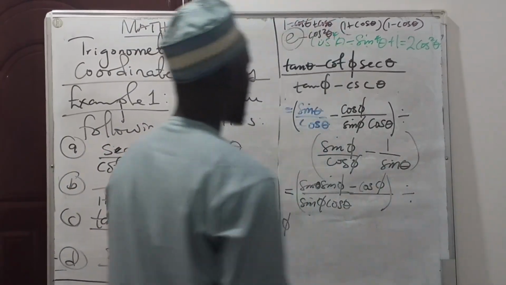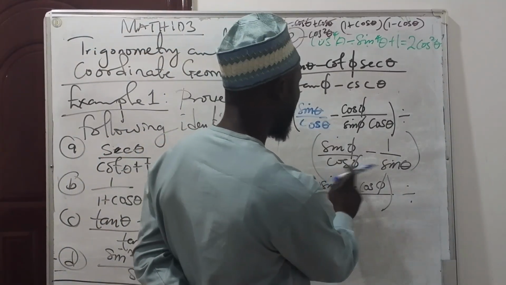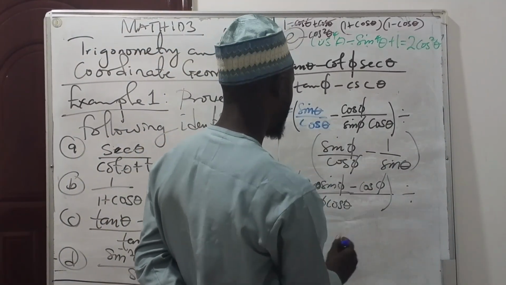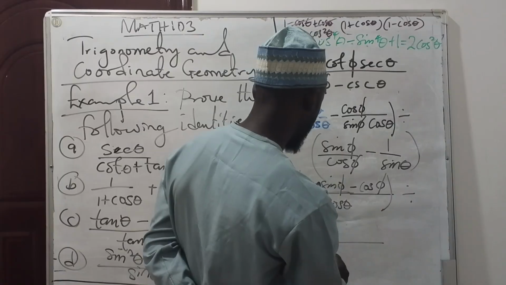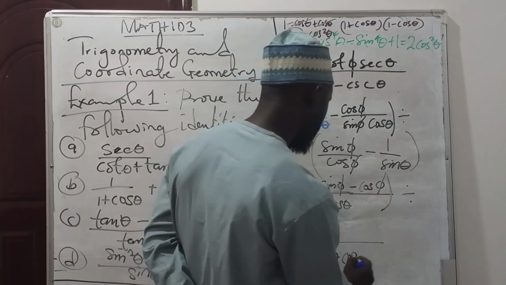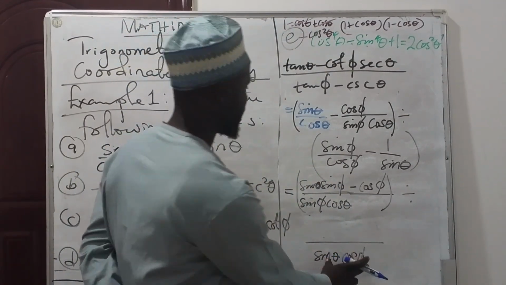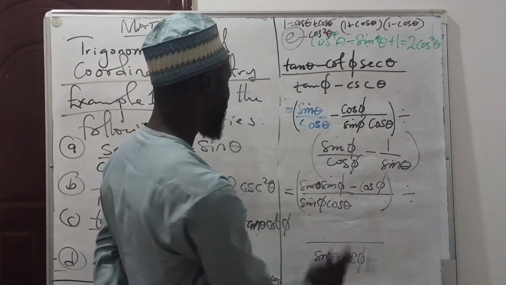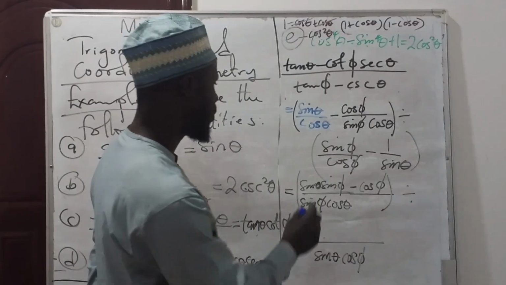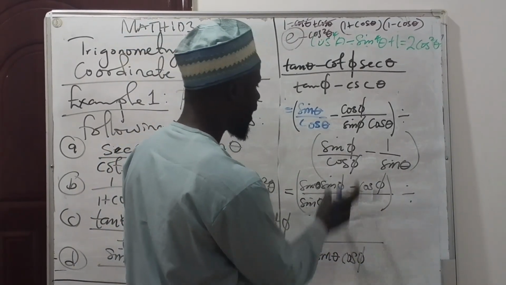Divide by, let's take the denominator here. So the denominator is here. So the LCM is sine theta cos phi. The sine theta cos phi now divided by cos phi. You have sine theta sine phi.